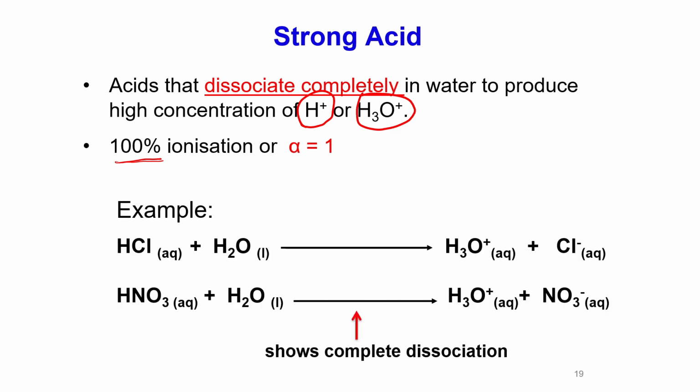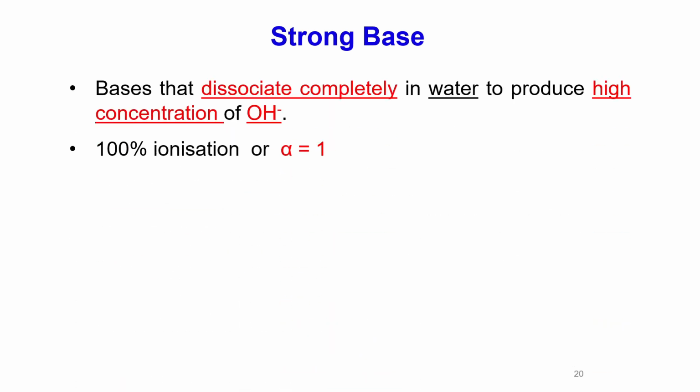So for strong acid, we can identify it from the equation by the full headed arrow. This shows complete dissociation. From the reactant, 100% turns into product. So this refers to strong acid. Okay, same goes for strong base.